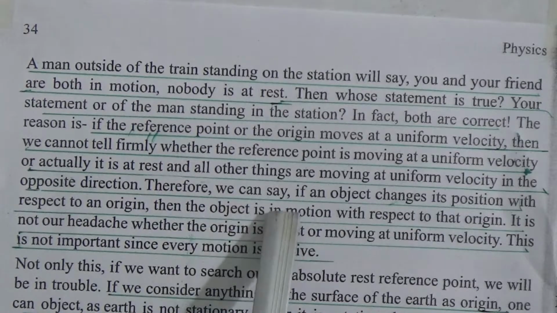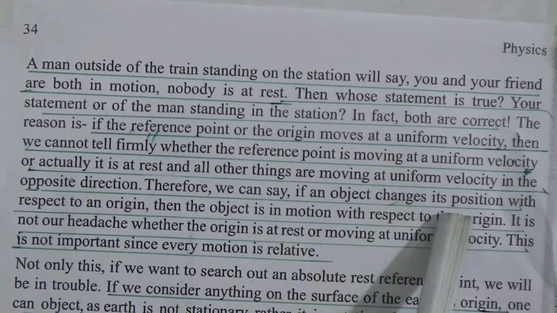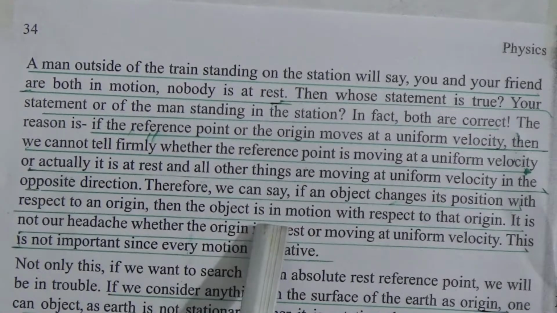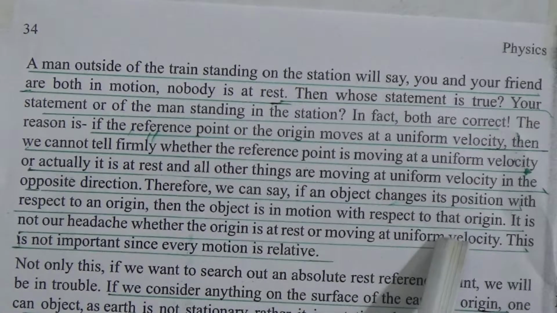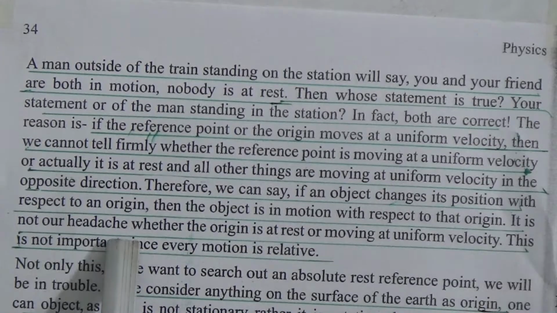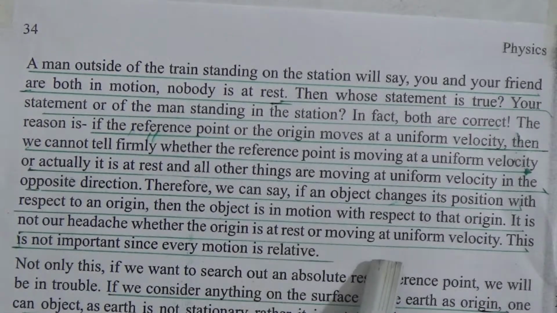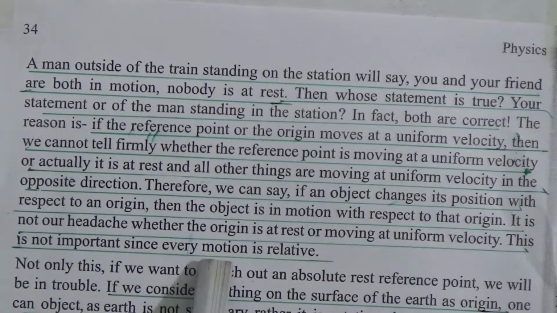Therefore, we can say if an object changes its position with respect to an origin, then the object is in motion with respect to that origin. It is not our headache whether the origin is at rest or moving at uniform velocity. This is not important since every motion is relative.